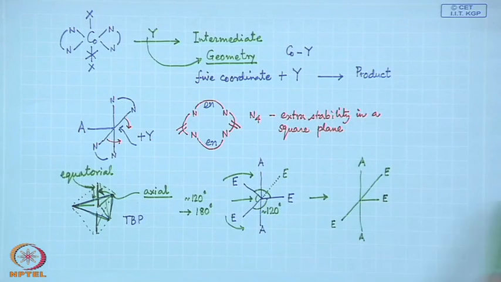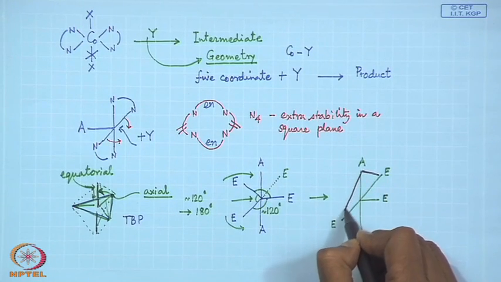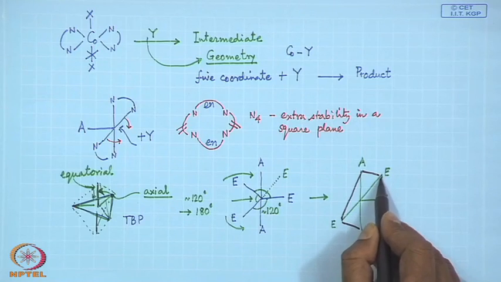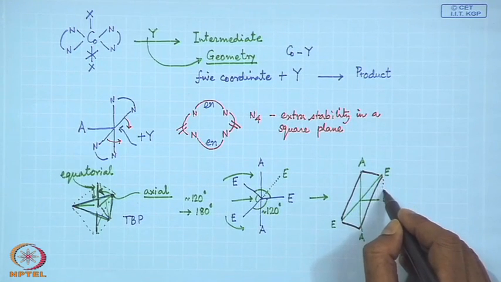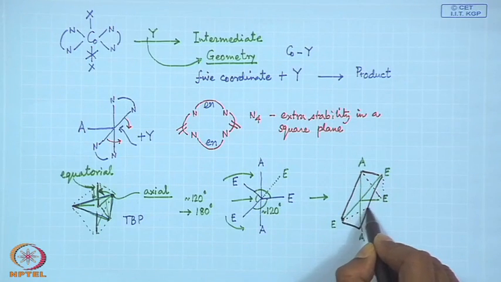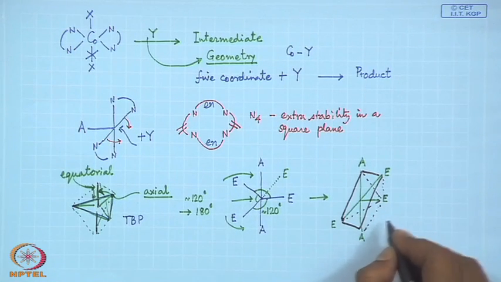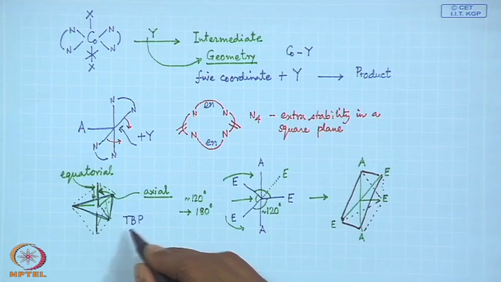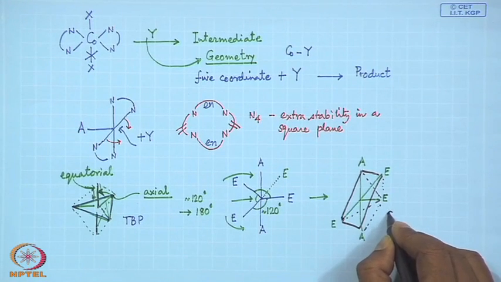As a result what we are getting there is basically a square pyramidal one, where this is the square plane and this is the pyramidal side. So, due to this rotation, a TBP geometry is giving rise to a square pyramidal one.